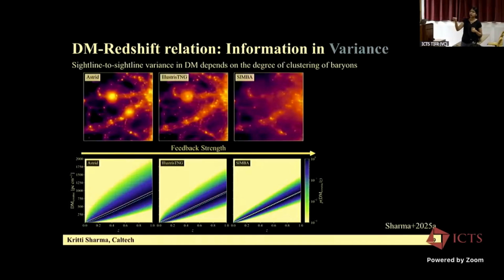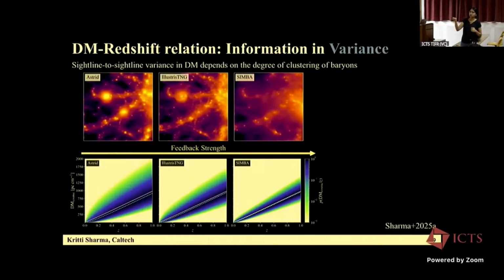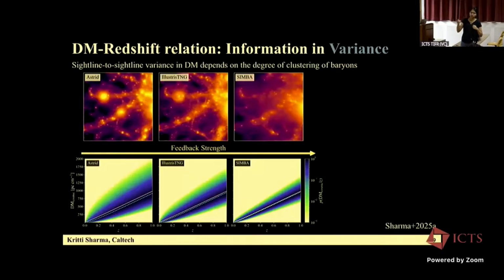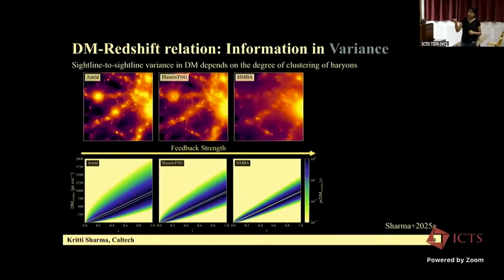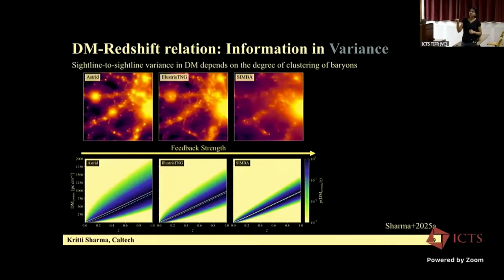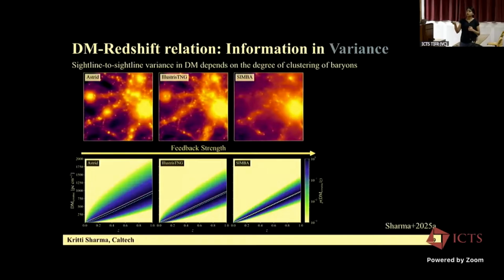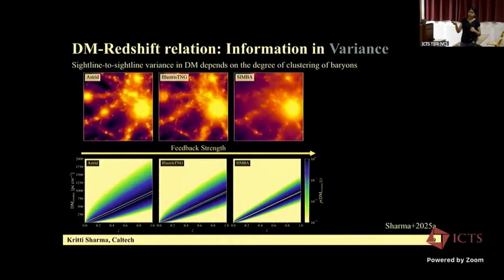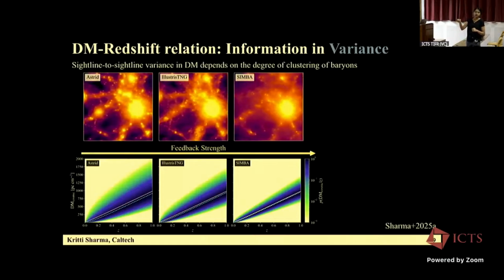So you can see how the halos are devoid of baryons in the case of Simba. And as you proceed towards Astrid, the halos are more clumpy. The expected impact on the observed DM-z relation is that in weak feedback scenarios, like in the case of Astrid, you have a larger spread in the DM-z relation. And as you increase the feedback strength, the spread in the relation actually reduces.